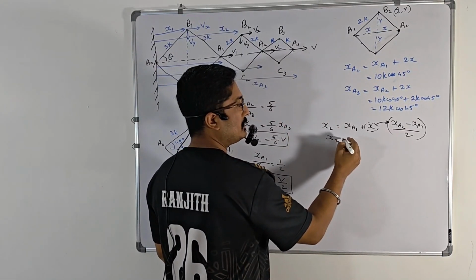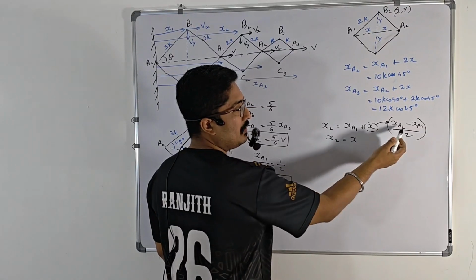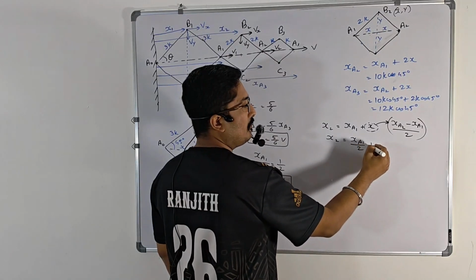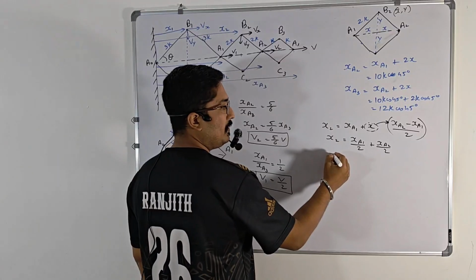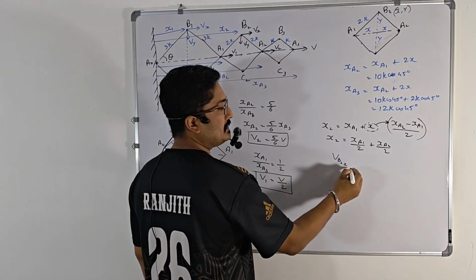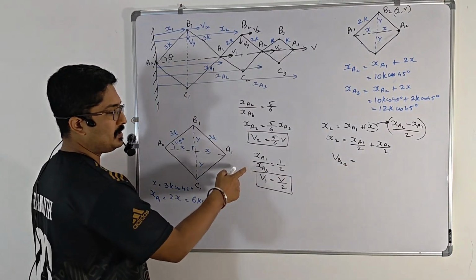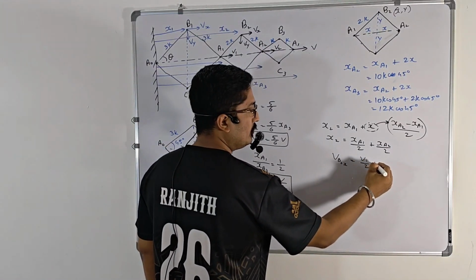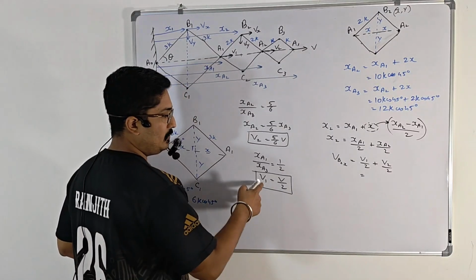Okay, so now my equation became x2 equals xa1 positive value minus xa1 by 2, so that should give me xa1 by 2 plus xa2 by 2. Now differentiate. This will give me the velocity of B2 in the x direction equal to the differentiation of a1, which gives me v1. So I'm having v1 by 2 plus v2 by 2. How much is v1? v by 2.